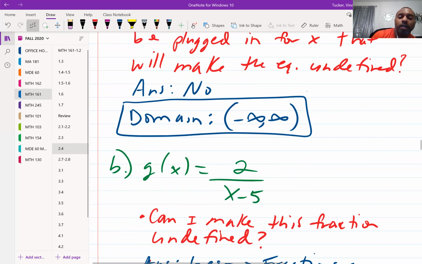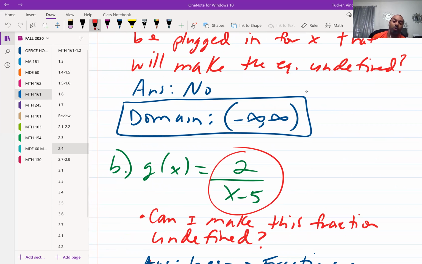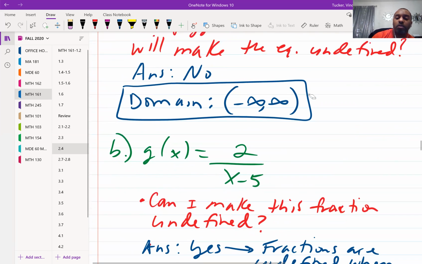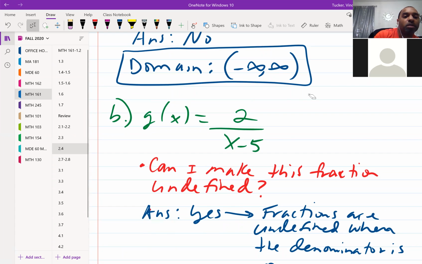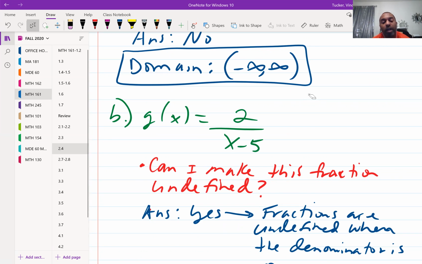The next one, we're looking at a rational expression, or in other words, a fraction. So we have g of x is equal to 2 over x minus 5.